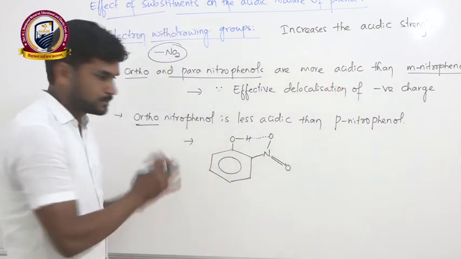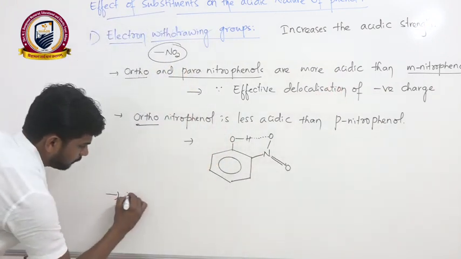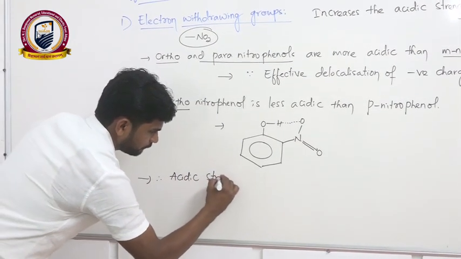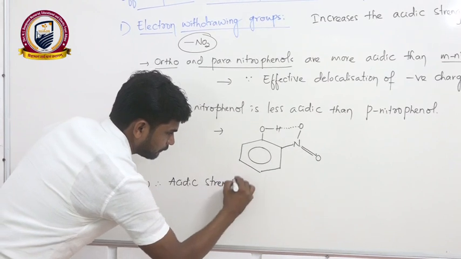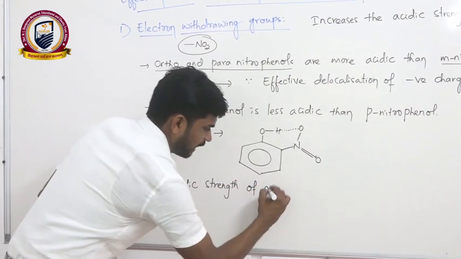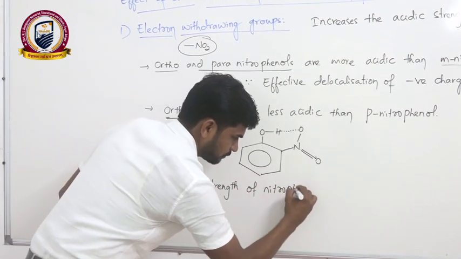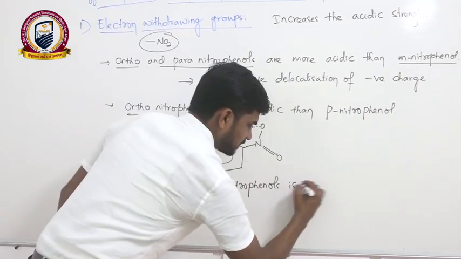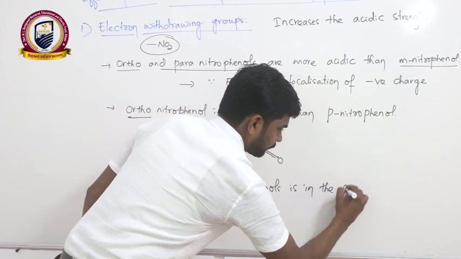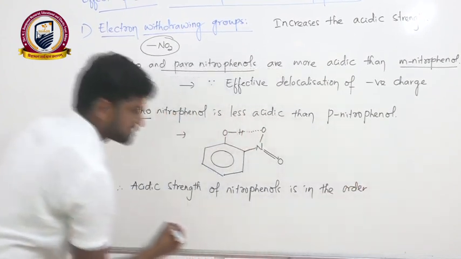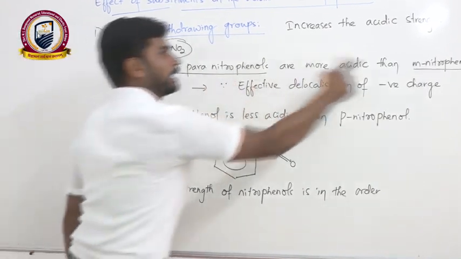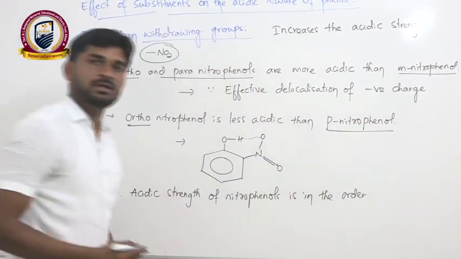Right? Understood now? So, therefore, the acidic strength of nitrophenols is in the order... Which is the most acidic here? Which one is most acidic among ortho, para and meta? Para-nitrophenol is the most acidic.